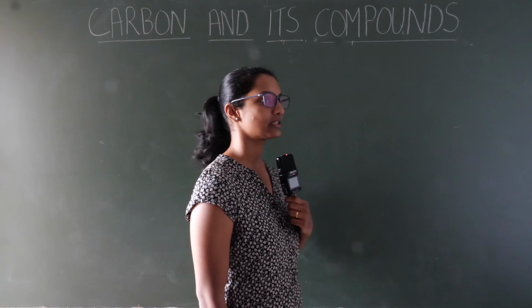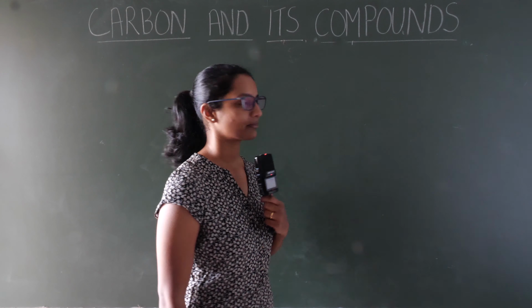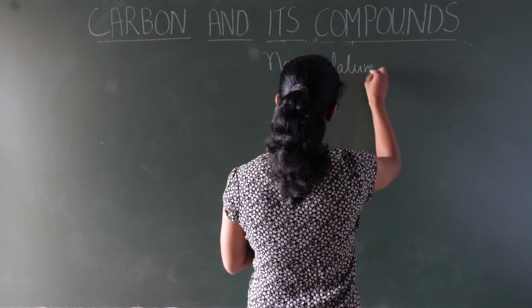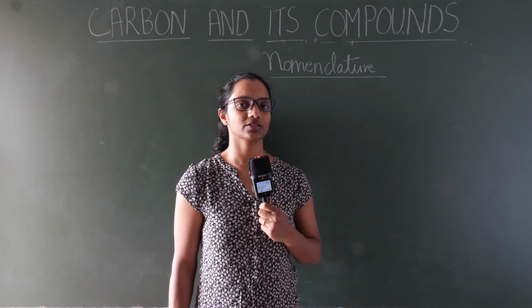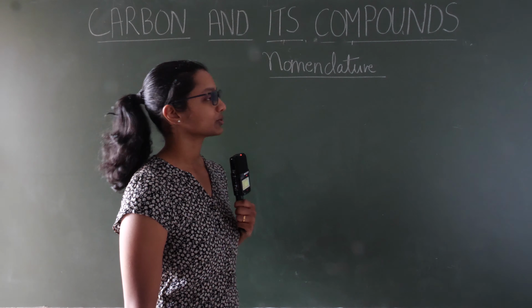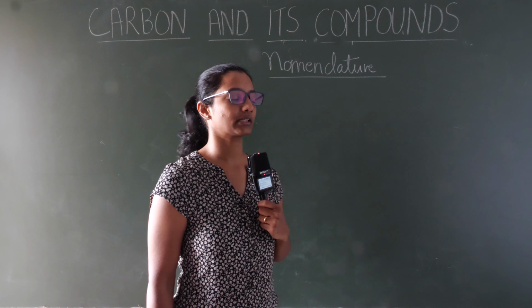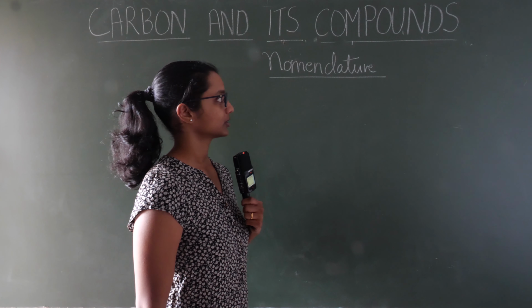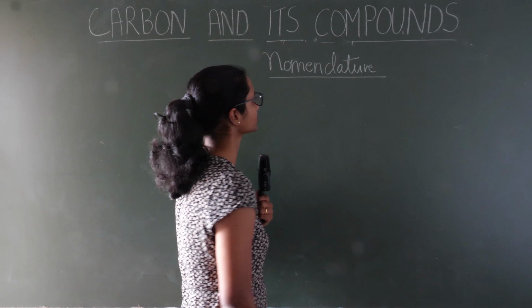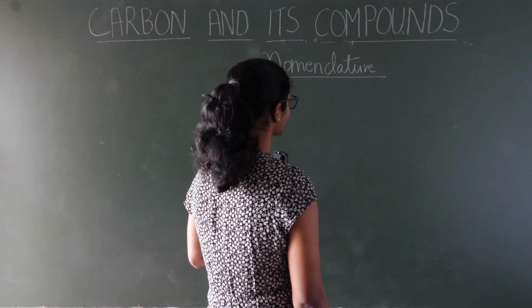So now let us study the nomenclature of carbon compounds. Nomenclature is nothing but naming them, just to differentiate each of these carbon compounds, so they have nice good names to understand them.